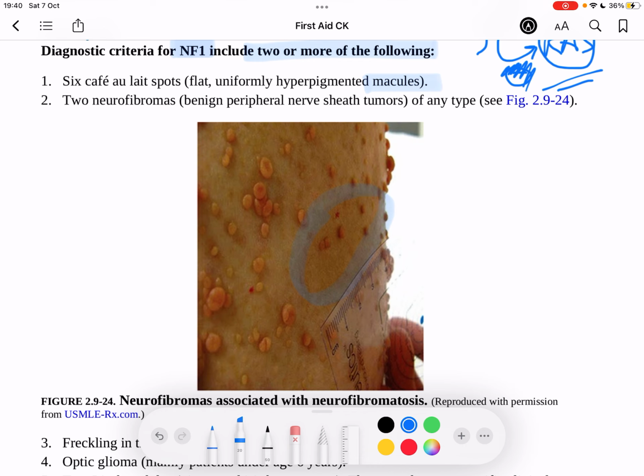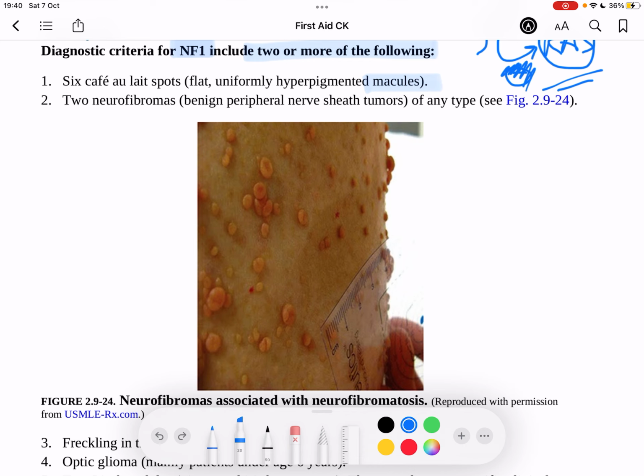It's a café au lait spot, and they usually have very smooth edges, whereas for example in McCune-Albright syndrome they have café au laits with very irregular edges, and they even refer to this as the coast of California, whereas the café au laits that we see in NF1 are smooth, and those in McCune-Albright are like the coast of Maine.